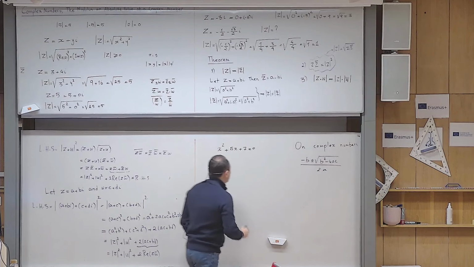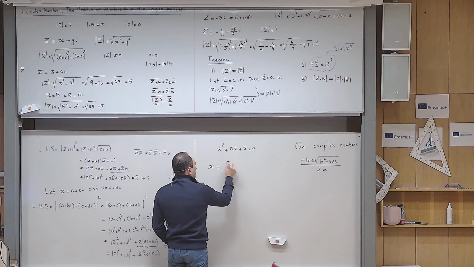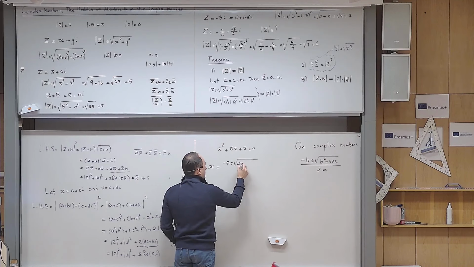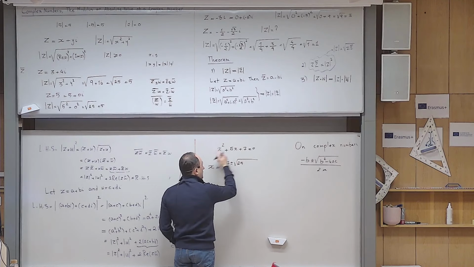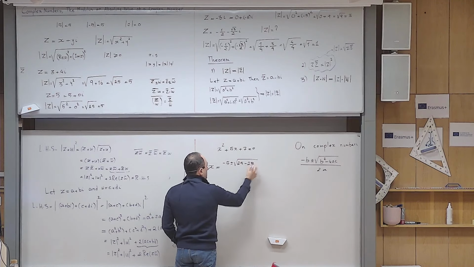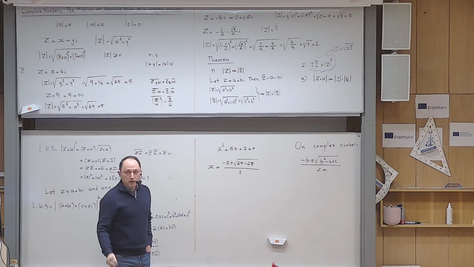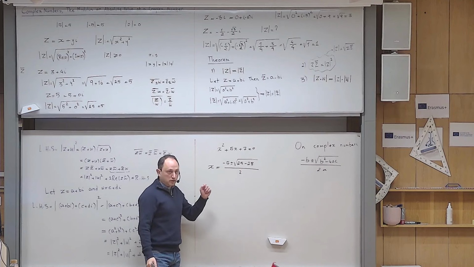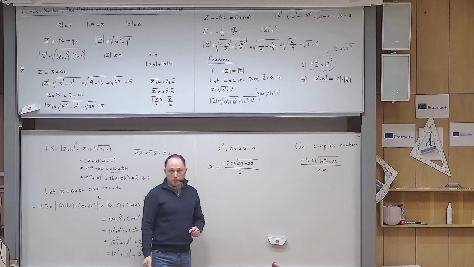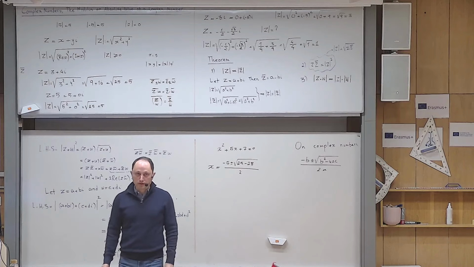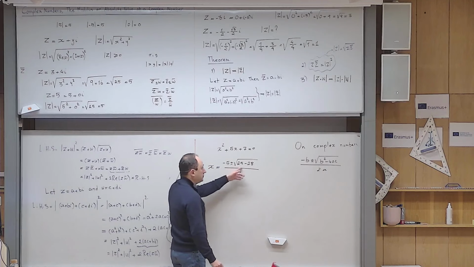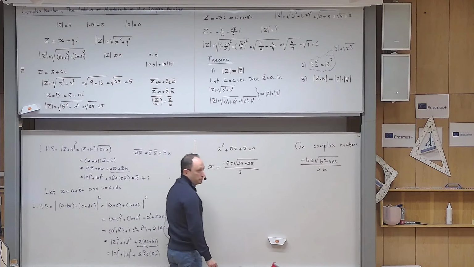So this becomes minus 5 plus or minus the square root of 25 minus 4 times 1 times 7, divided by 2 times 1. In Math 2C, you would stop here and say there are no solutions. Why? Because 25 minus 28 is minus 3, and the square root of minus 3 was not defined on the real numbers. But in complex numbers, you have to continue. How?